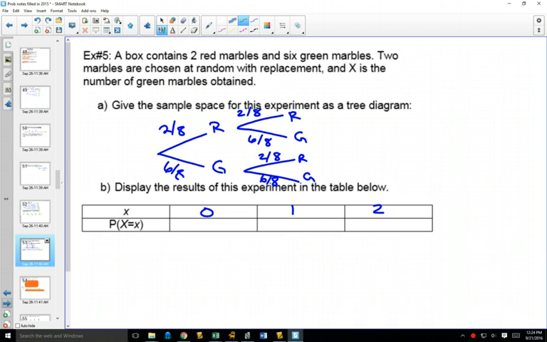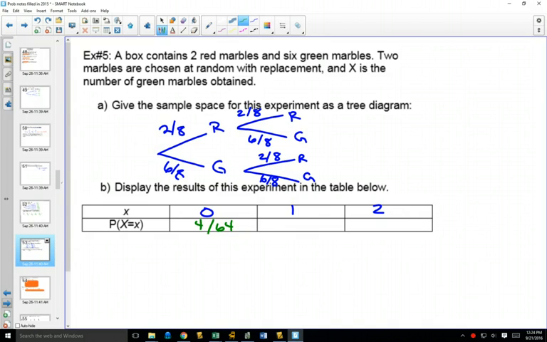So the chance of getting no green marbles would be the first branch, red and then red. And the probability of getting red and then red will be this 2/8 multiplied by this 2/8. So we will get 4/64 as the chances of getting 0 green marbles.